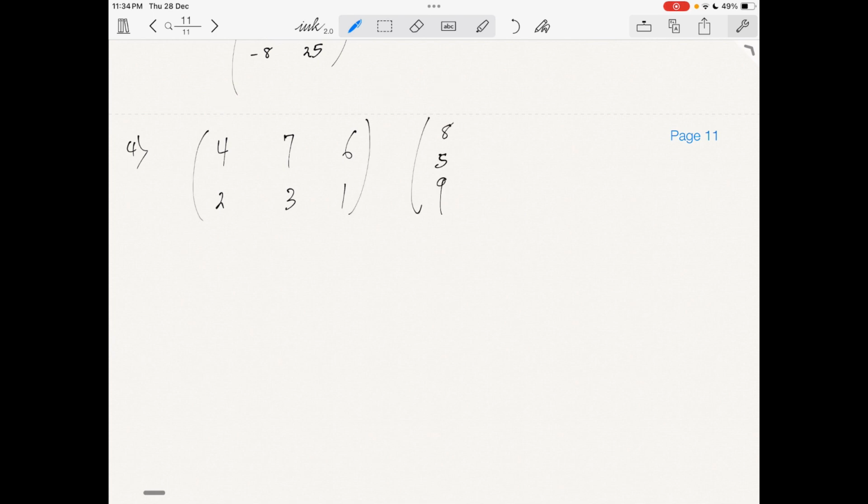Now we can see that this is a 2 by 3 matrix, and this is a 3 by 1 matrix. The number of columns here and the number of rows are equal. So yes, the multiplication is possible, and the result will be a 2 by 1 matrix.